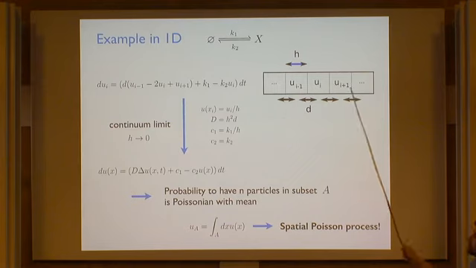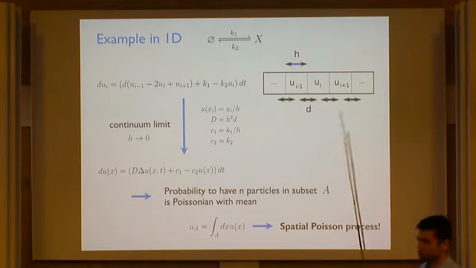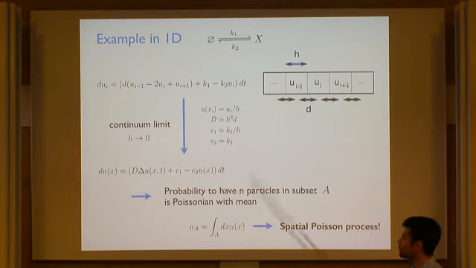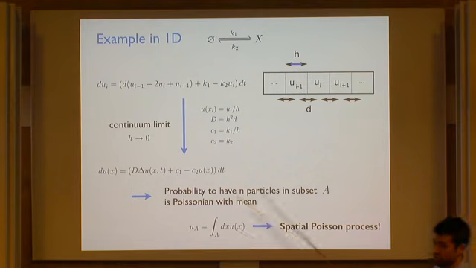And if we now do this and look at a certain sub-region of our space and look how the probability distribution behaves, then what we will find is that the probability to find a certain number of particles in the subregion A is a Poisson distribution, and that the mean is just given by the integral over the intensity function. So it behaves exactly like a spatial Poisson process.